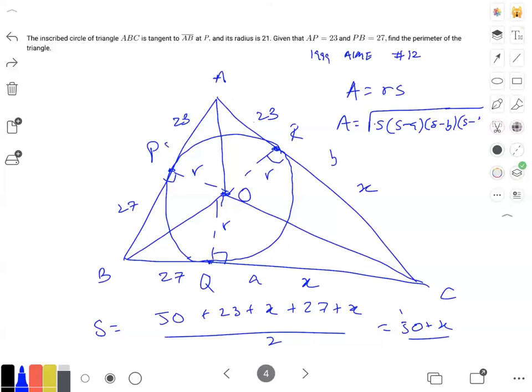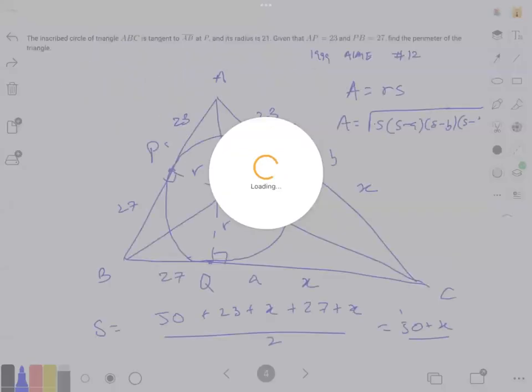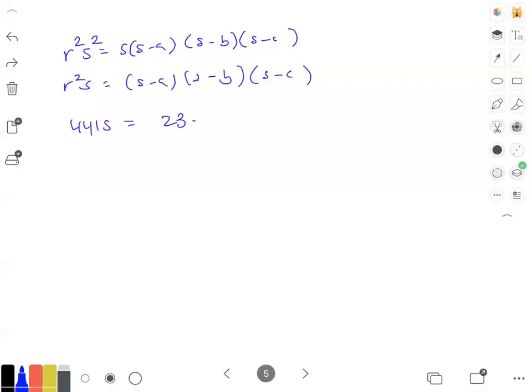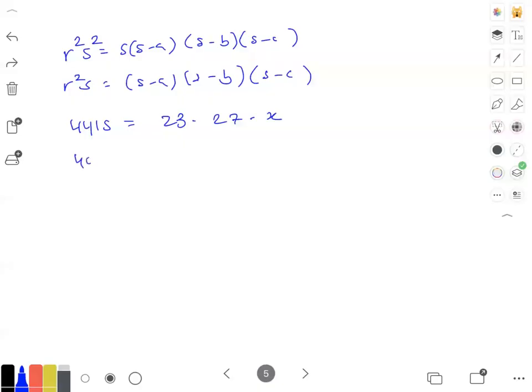So S minus A would then just be 23. So it's equal to 23. S minus B is equal to 50 plus X minus 23 minus X, which is 27, and then times X. And then let me put that in: 441 times 50 plus X is equal to 23 times 27 times X. Okay, so what I can do now is I can do 441 times 50 is equal to, I'll use a nice trick here.